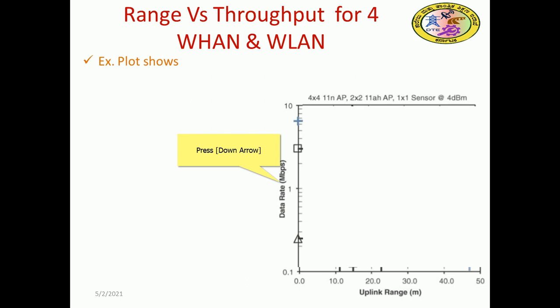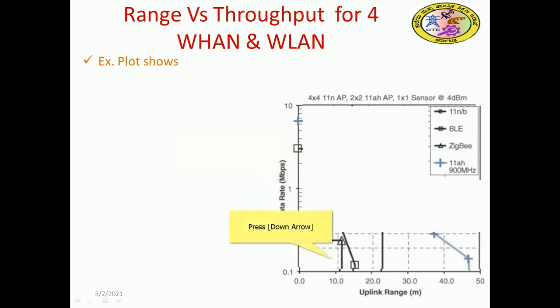11n, that is the 802.11n protocol as we saw in the previous slide. So that is 4x4, 2x2, and 1x1 sensor. So here we have 4 technologies, as we see, going to be tested here.